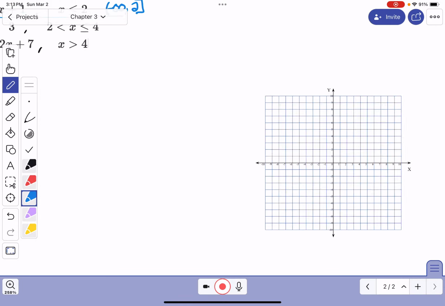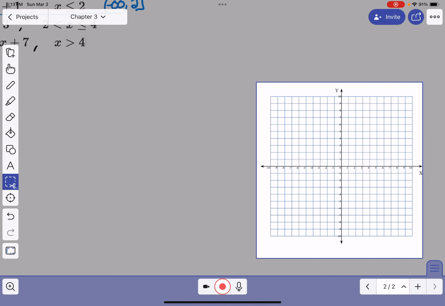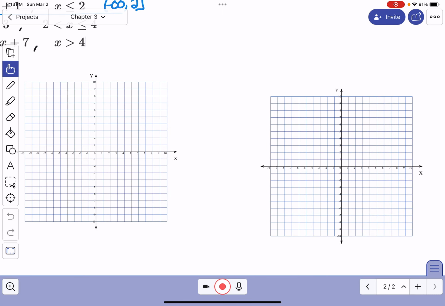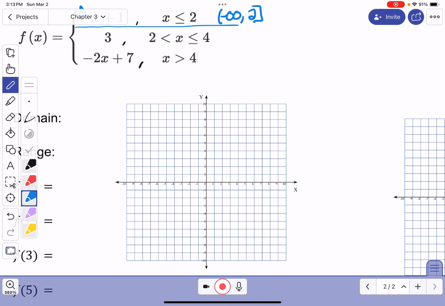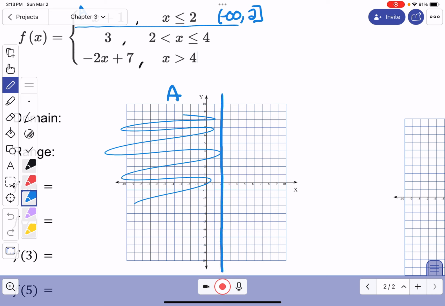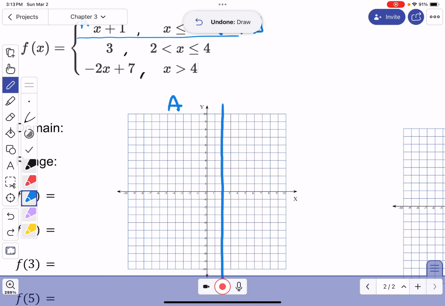On a graph, I'm just going to bring this over here. On a graph, that means at 2, there'd be a wall, and everything in this section over here is where we would see the rule for A. B goes from 2 to 4.